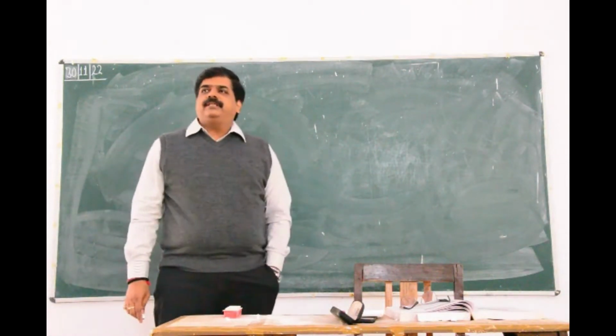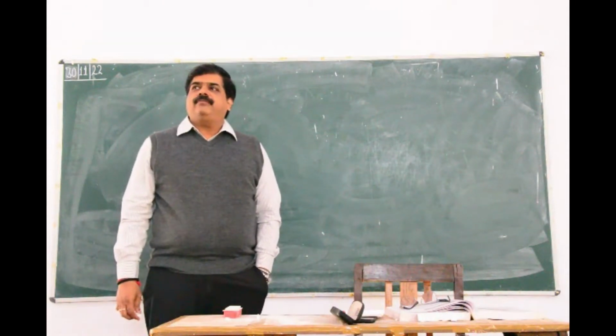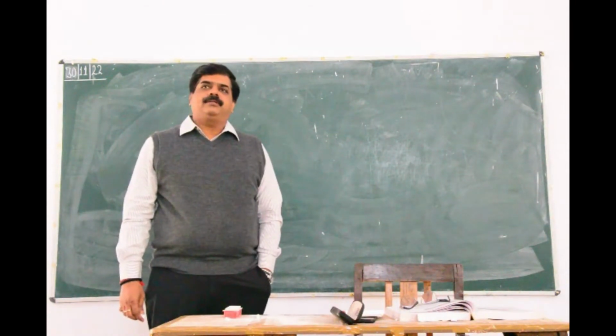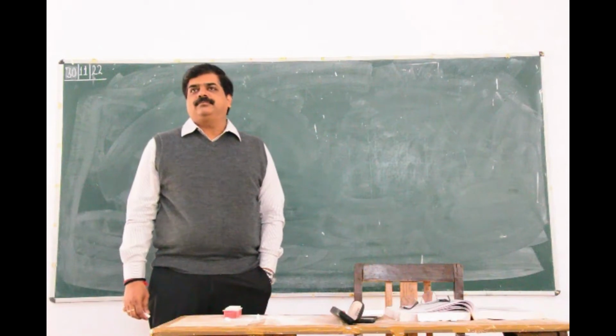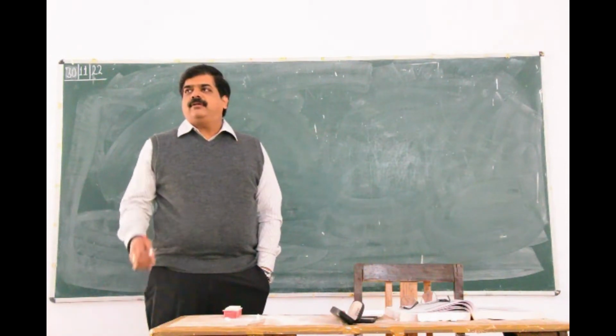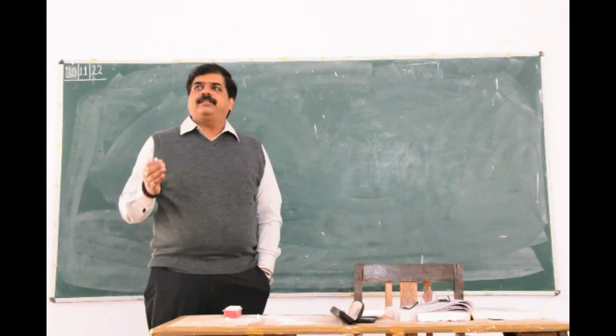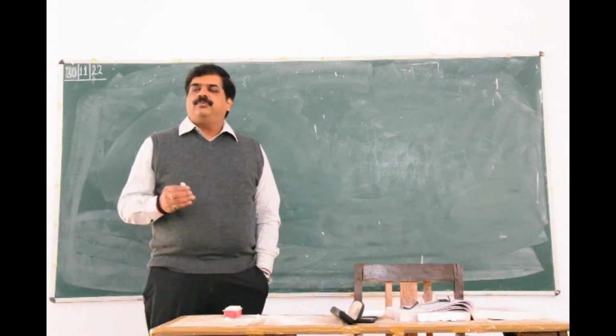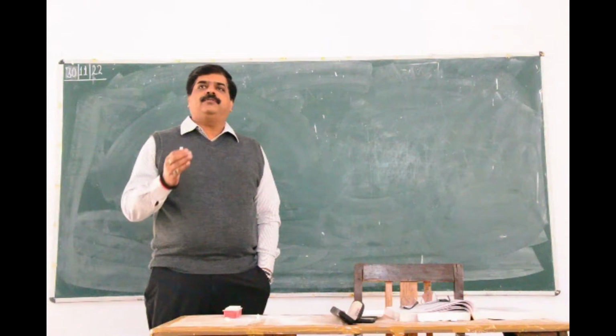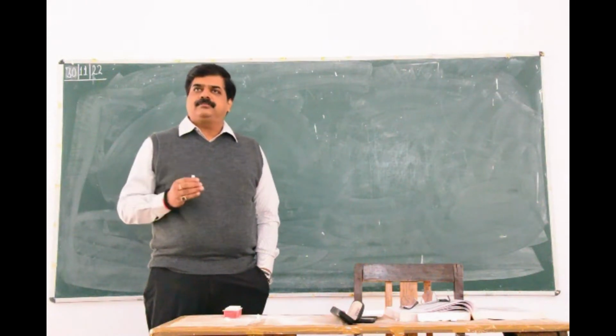So in the previous lecture, we tried to introduce the concept of leverage, where we landed on the conclusion that leverage is basically a technique which helps in the construction of the optimum capital structure.